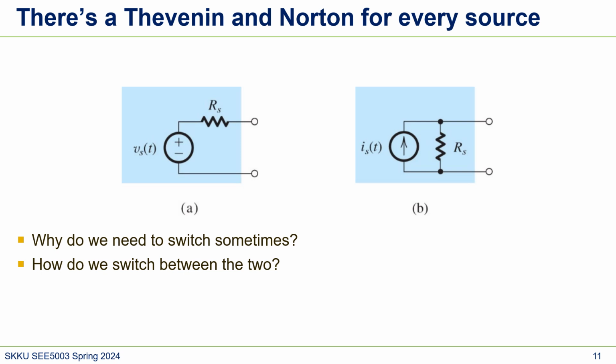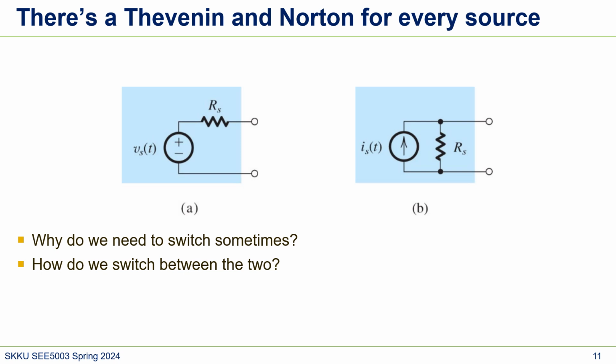And here's the question. As I said, every circuit can be represented in either Thevenin or Norton. Those two always exist, so we can represent it with both. It means that we can switch between them.